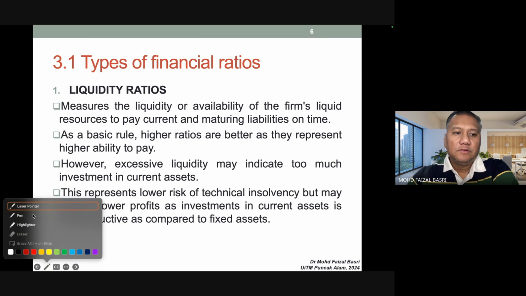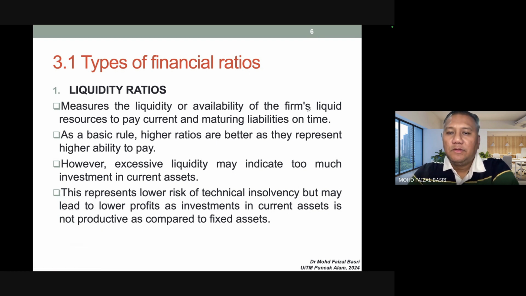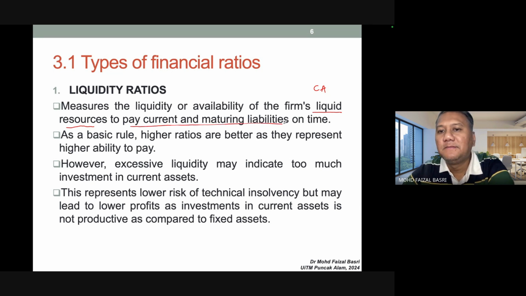The current assets are the most liquid resources available to the company. This liquid resource is referring to the current assets, CA. We want to measure how liquid the company is, with the availability of their current assets to pay the current and maturing liabilities.